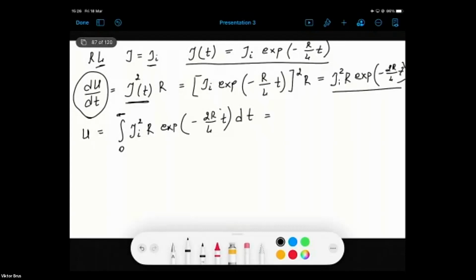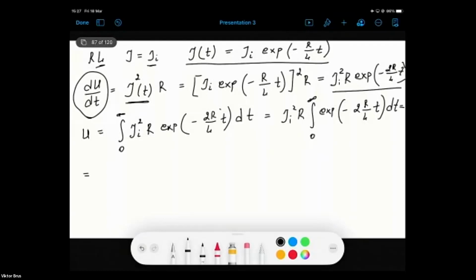Here we can take out of the integral the constants. These constants will be I initial squared times R, times the integral from 0 to infinity of exponent minus 2R over L times t dt.